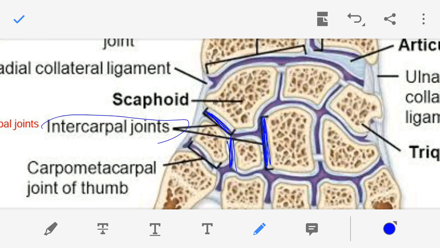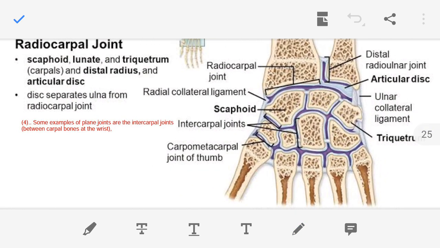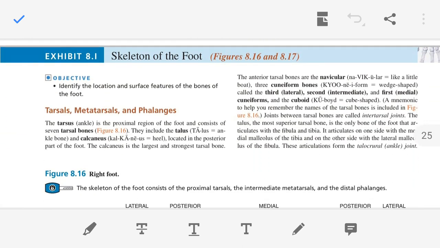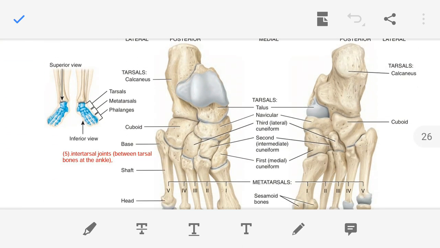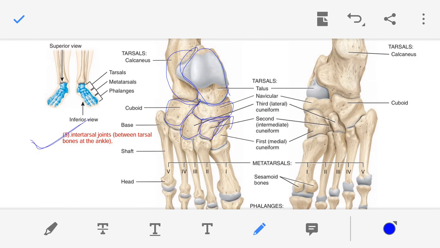The intercarpal joints are examples of plane joints. Now this is our ankle, and in the ankle there are seven tarsal bones, and the joint between the tarsals is known as the intertarsal joint, which is also an example of a plane joint.